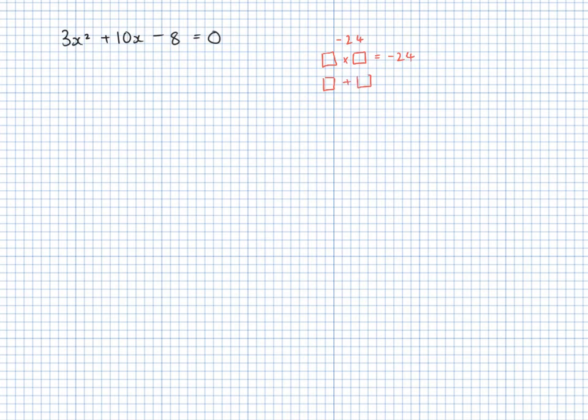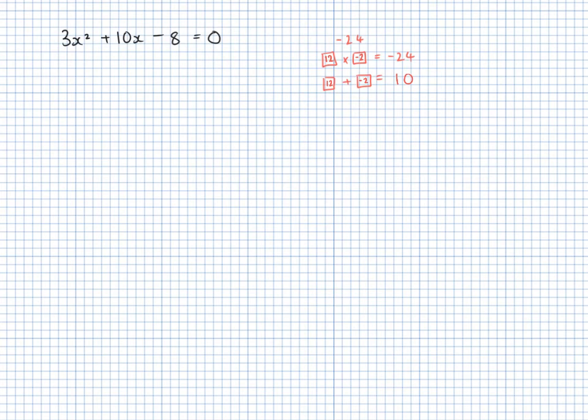And when I add them, I get the coefficient of x, which in this case is 10. These two numbers I can see will be +12 and -2. So 12 add -2 will give me 10, and 12 times -2 will give me -24.